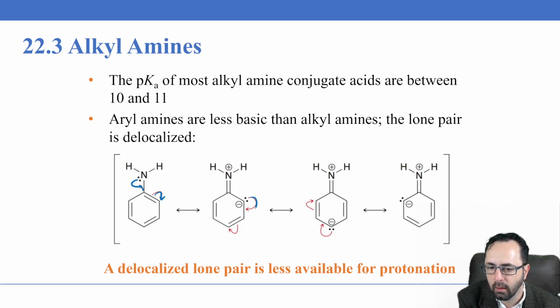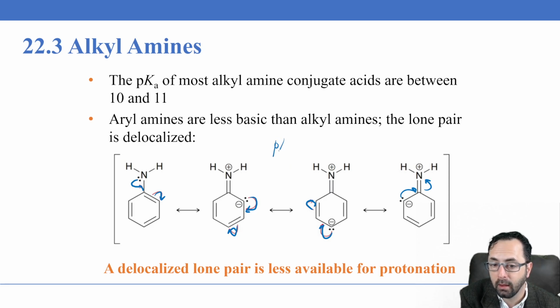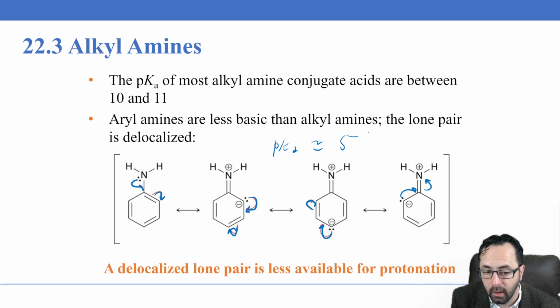And then we have an allylic lone pair again, and we get the next resonance structure, and of course at this point you'd have an allylic lone pair again, and you can get the last resonance structure. Because they're less basic, their conjugate acids are more acidic. And we saw that the pKa for the protonated one was about 5, right?